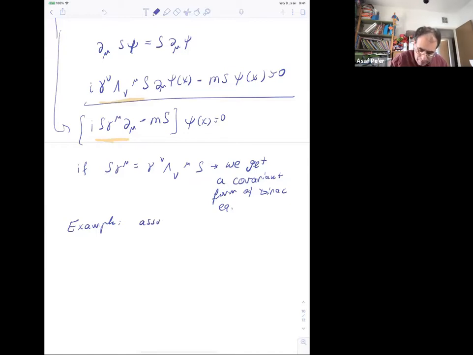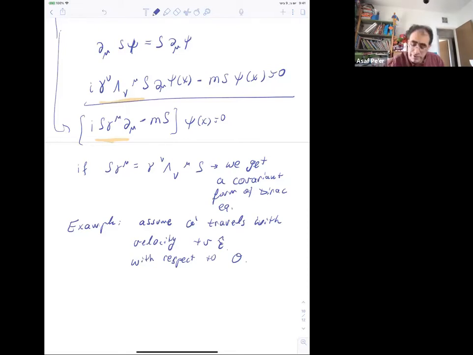Assume O prime travels with this velocity plus v in the z direction with respect to O.